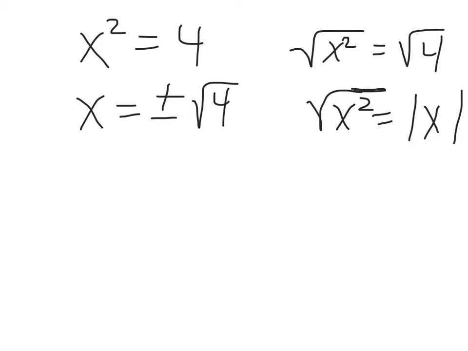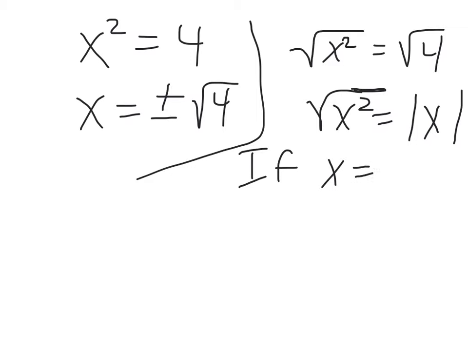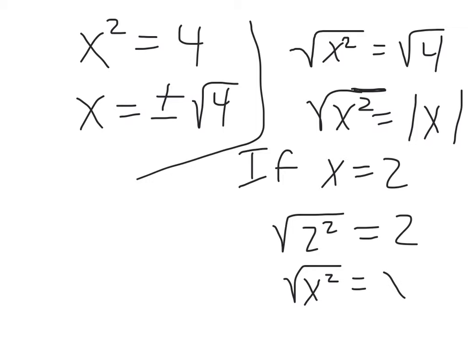Now think about that. We'll put that on the side burner for now. If x equals, say, 2, going along with our square root of 4, then the square root of 2 squared, square root of 4, is 2. So there we can say square root of x squared equals x.